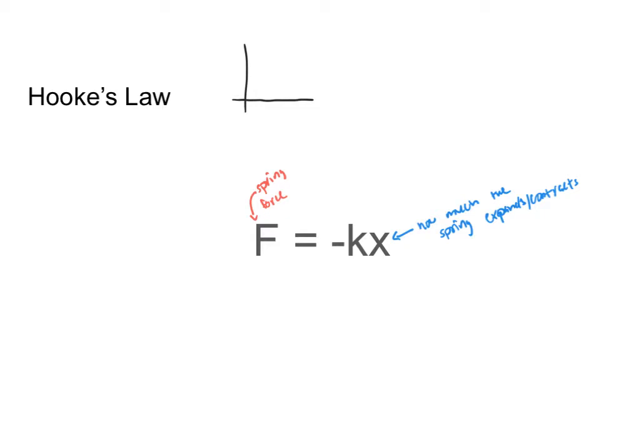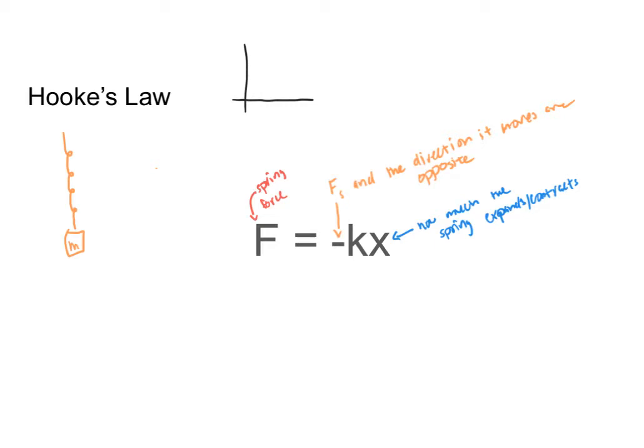Now, I do want to mention this negative sign here. This negative sign simply means that the force of the spring and the direction it is pushed in are opposite one another. So what I mean is that if this is my spring with a mass hanging on it, the spring is expanded down, right?